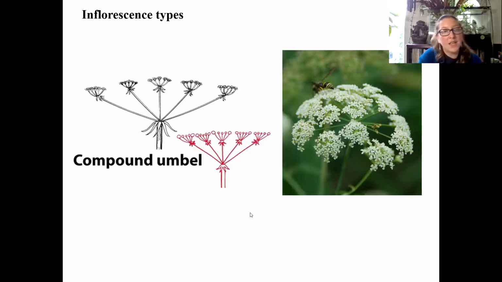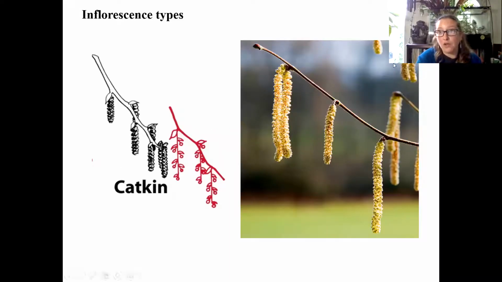So these are just different types of inflorescences so that when you're walking around and looking at plants, you can identify what you're looking at. A lot of plants right now, and maybe during your phenology assignment you encountered this, have an inflorescence type called a catkin. A catkin is a stalk that hangs down with little flowers all over it. Here's one here. I'm not gonna lie, it kind of looks like a strobilus, but it's not.